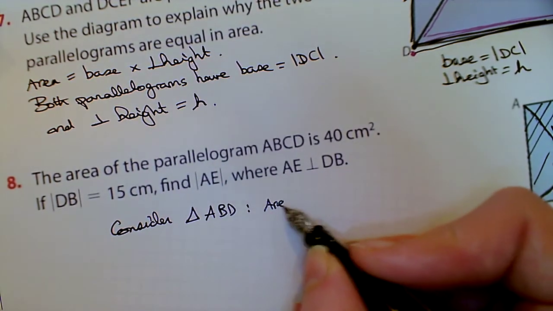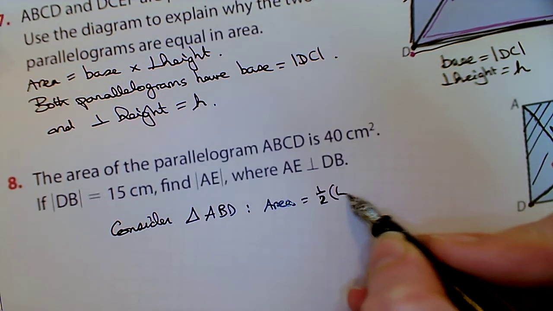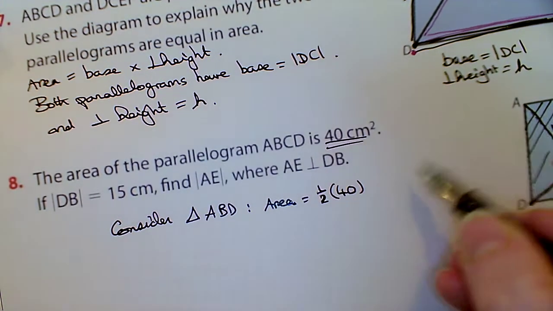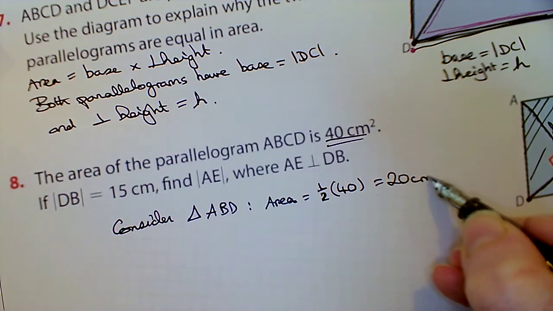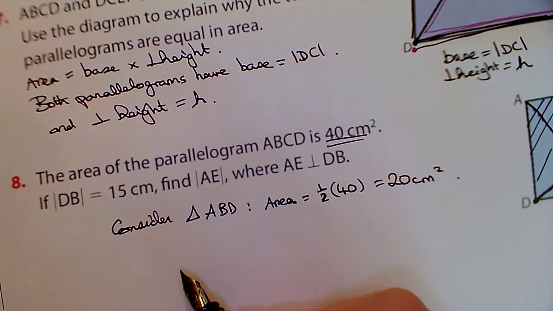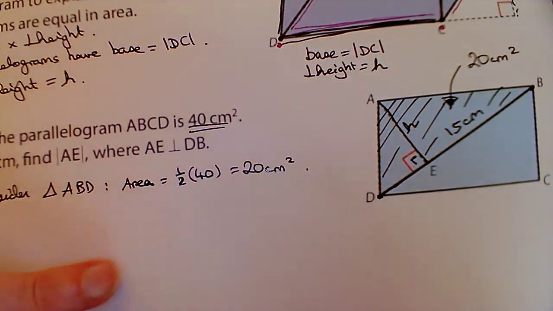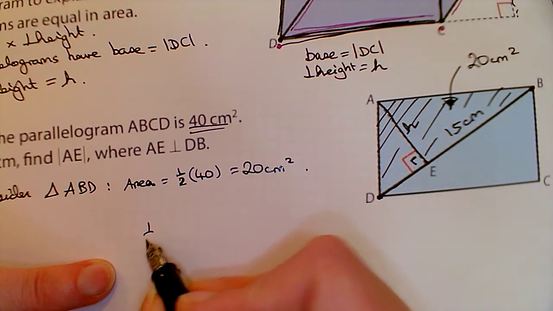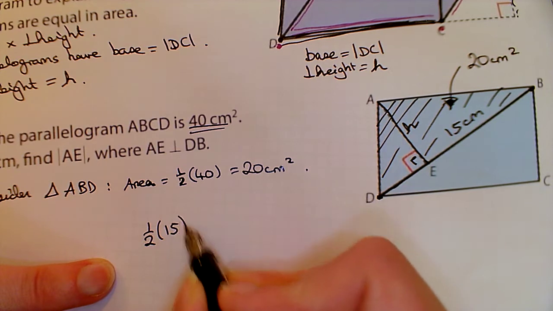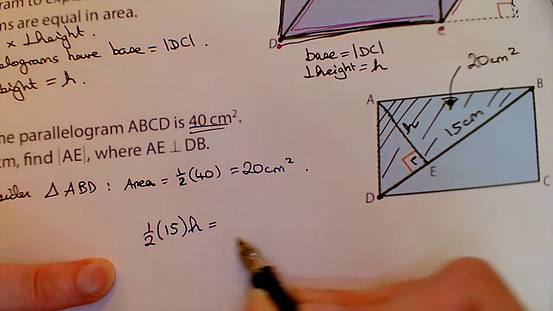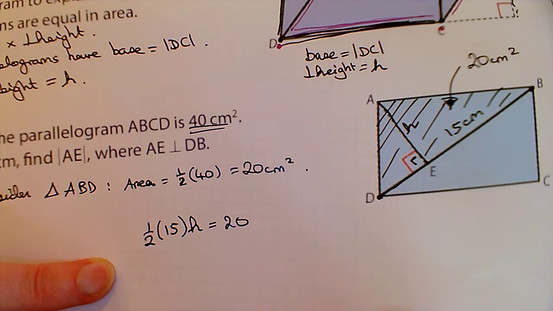So consider the triangle ABD. The area must be half of the 40 that we were told about here, which is 20 centimetres squared. So I know the base and I'm looking for the perpendicular height. I can say that half the base by the perpendicular height is equal to 20.